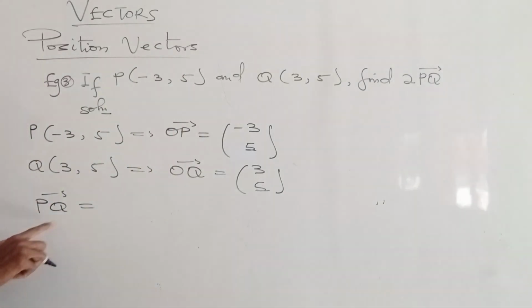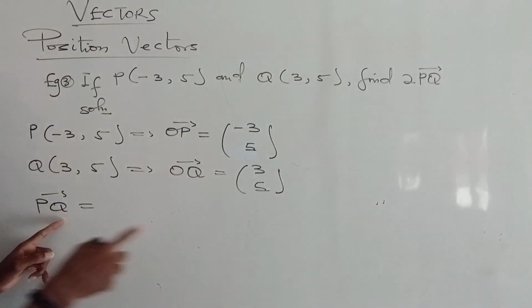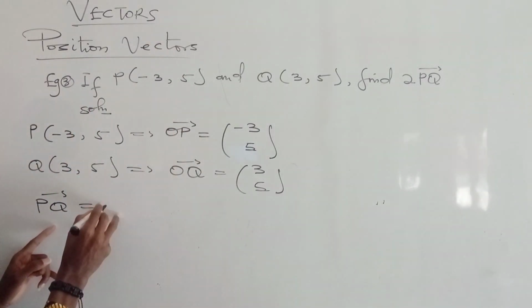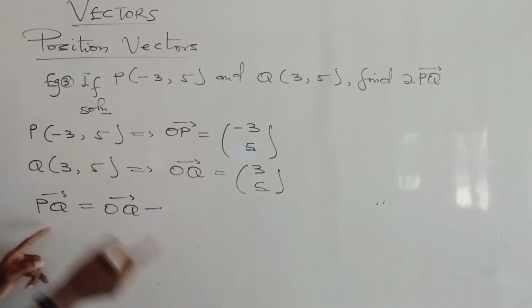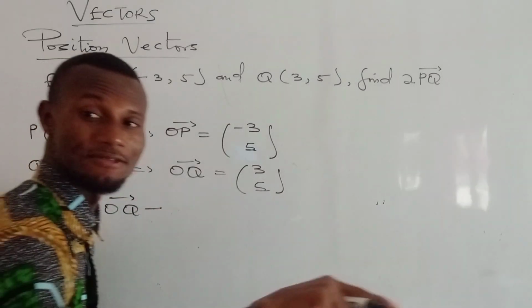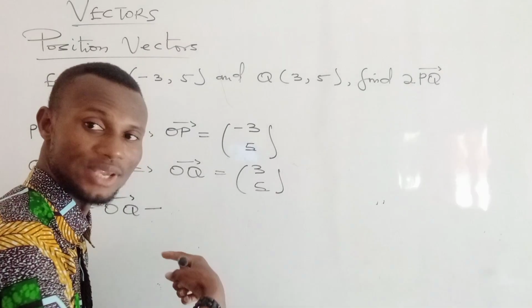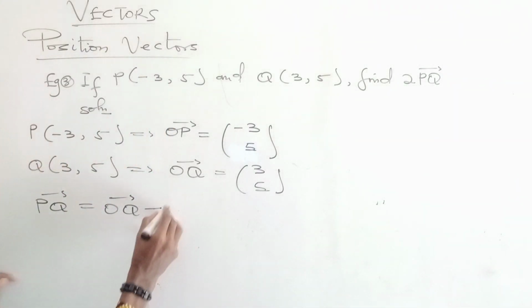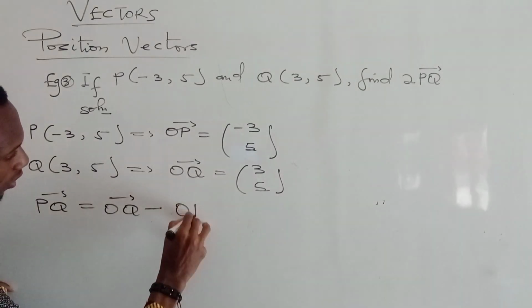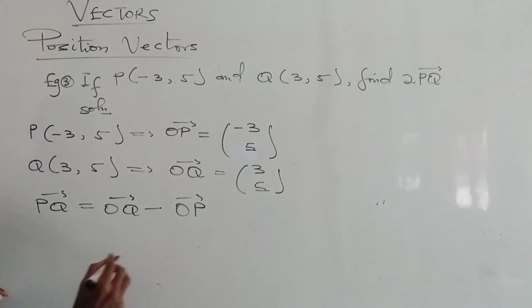The last letter here is Q, so the position vector of Q is OQ, minus the position vector of the first letter, which is P. So the position vector of P is OP. So, minus OP. That's how we go about it.